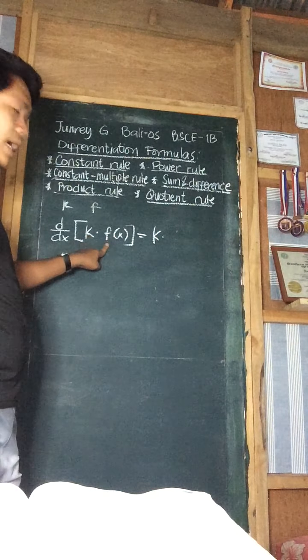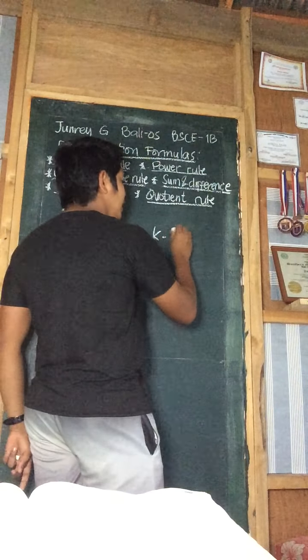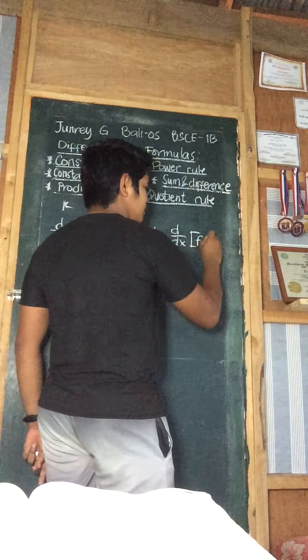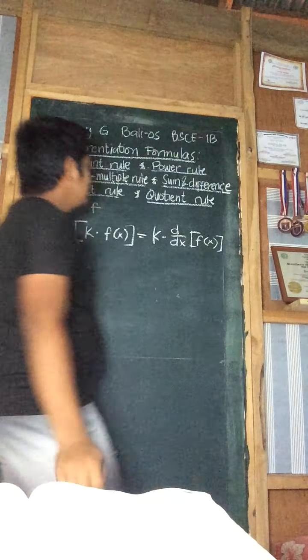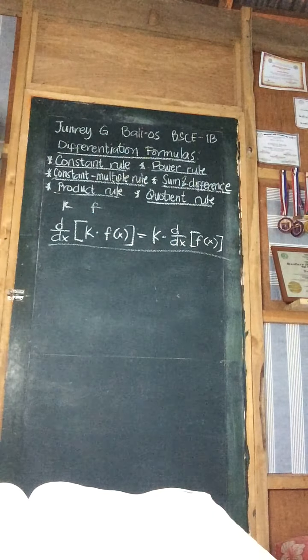The f here is differentiable at x, so we will find the derivative of f of x. So this is now the formula of the constant multiple rule.